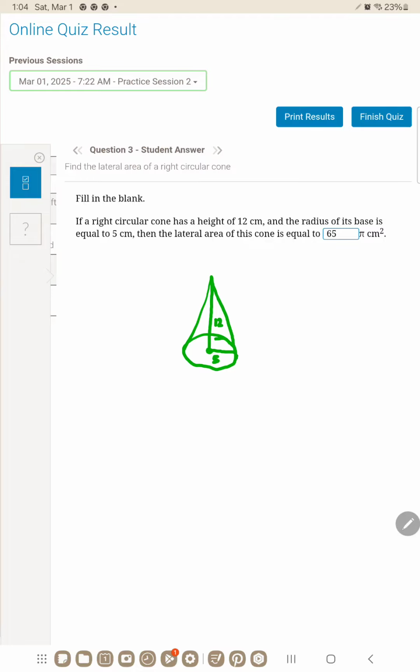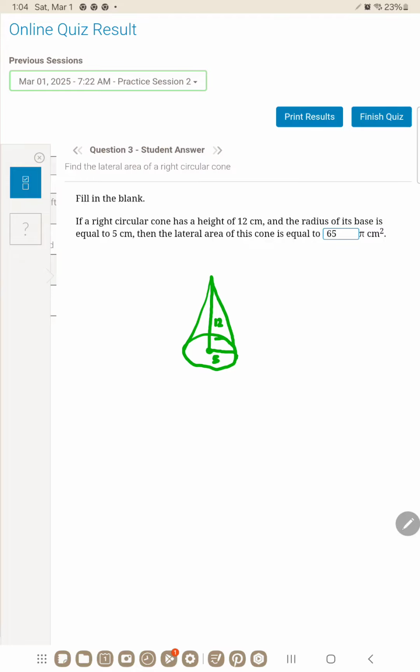Now to find the lateral area of a cone, memorize it. It's pi r slant height. I like to do it like L like this, but you could just leave it slant height. Now, what's the slant height? The slant height is the side I'm drawing in red. If you notice, it's a right triangle because this is perpendicular.